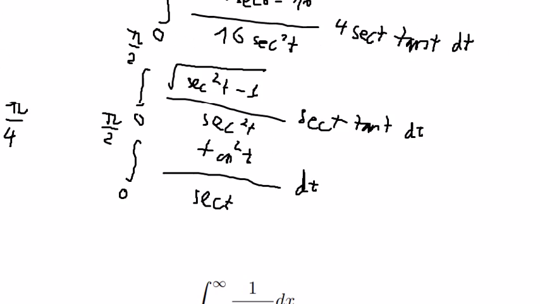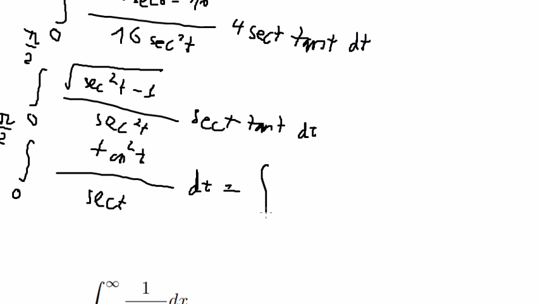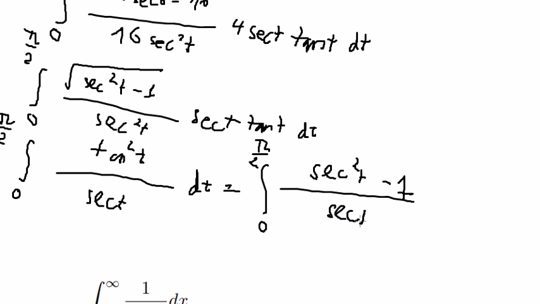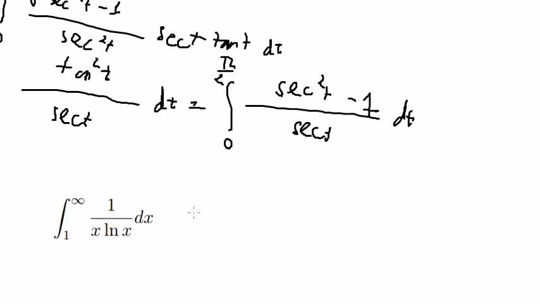About this one, we can change about secant of t squared minus 1 and we got about secant of t minus cosine t.